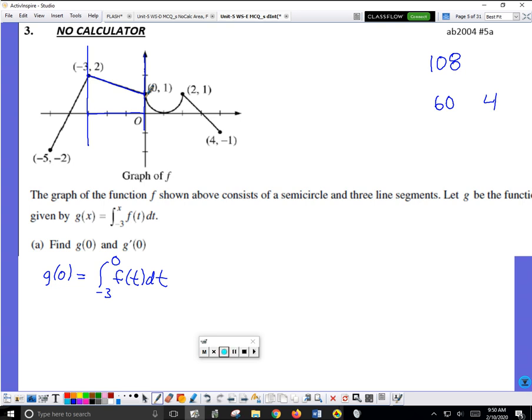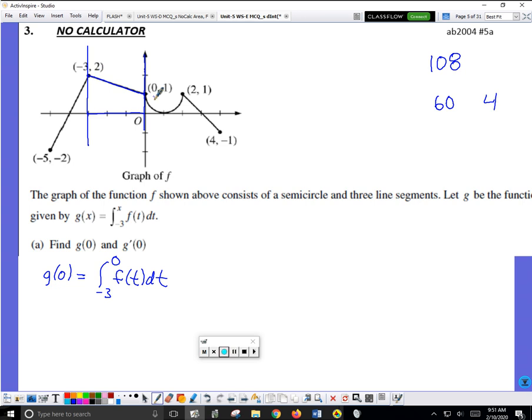It's definitely from x equals -3 to x equals 0. And because we're integrating f, this is the space. It's always the space between the axis and the graph.